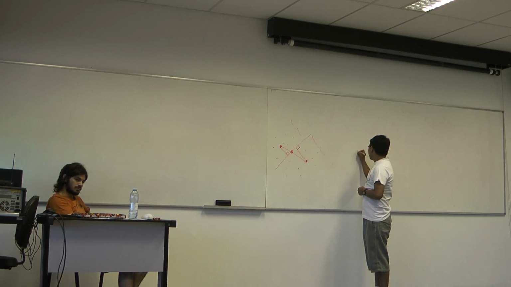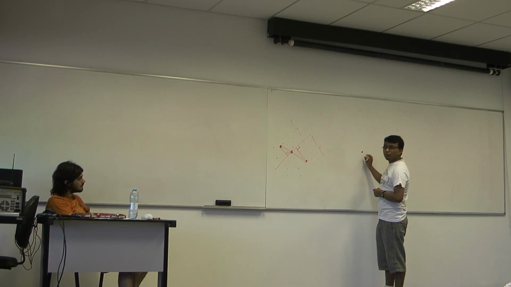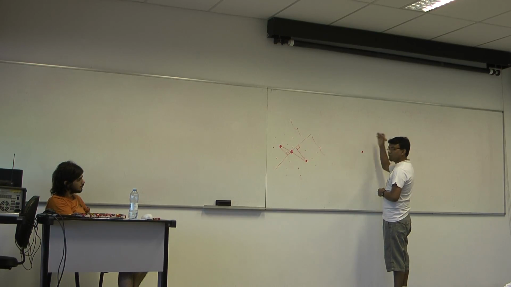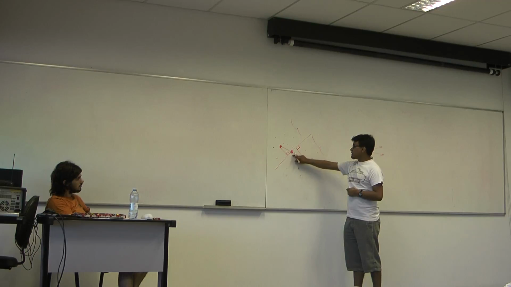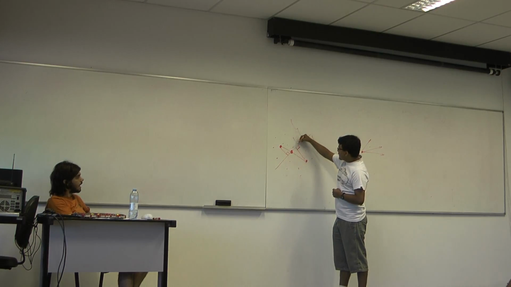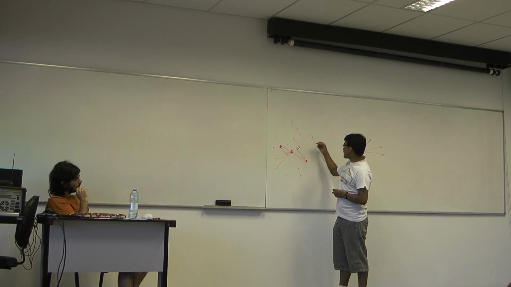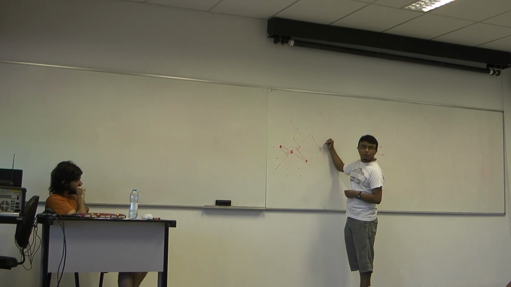So we take the center of mass and order all the points in circular order and compute these vectors. With this condition, the sum of distances of these points is the same as the sum of distances of those points.